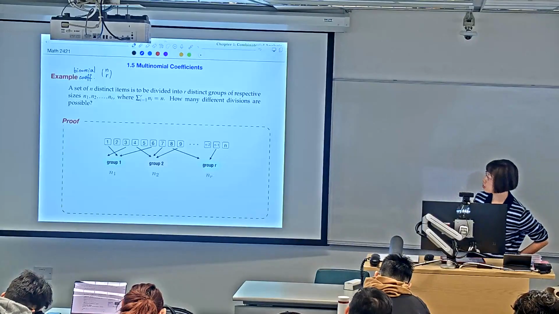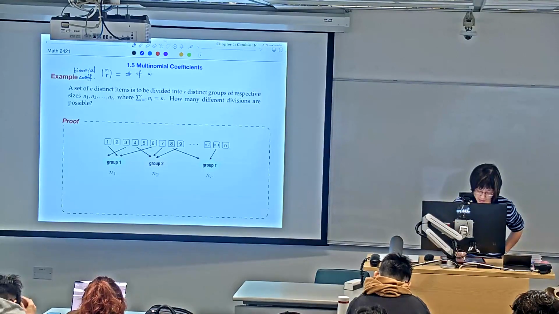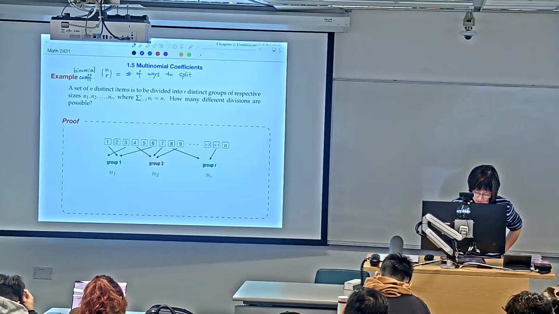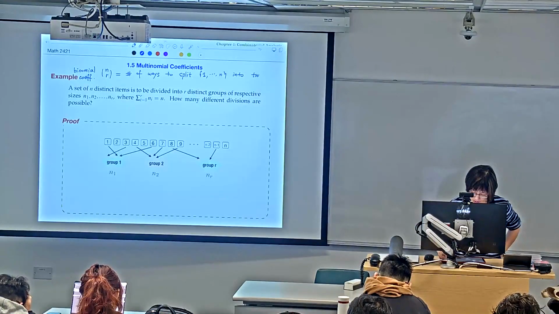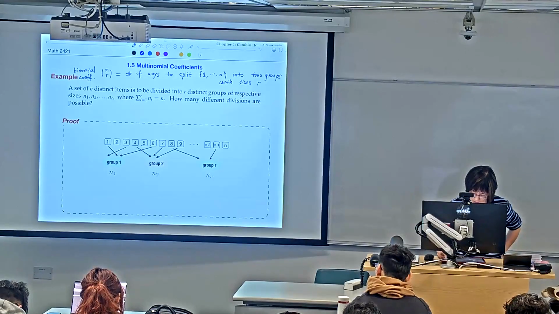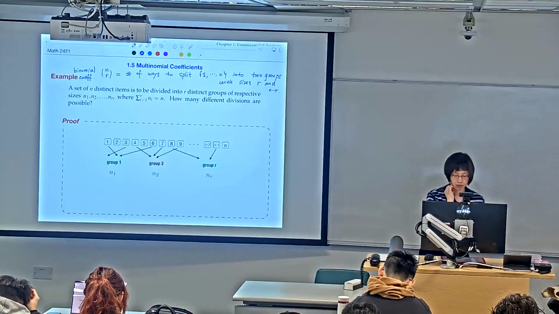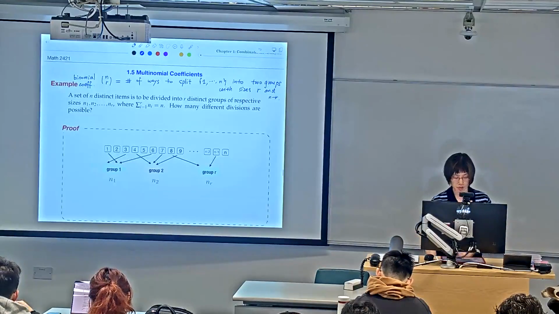The binomial coefficient n choose r can also be interpreted as the number of ways to split n distinct atoms into two groups with sizes r and n minus r. So this is another interpretation for this number. The multinomial coefficient is a generalization of this interpretation.